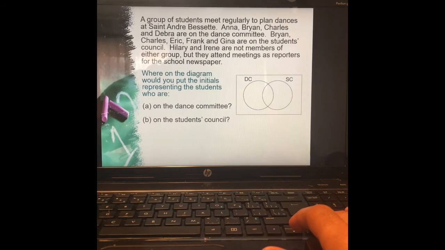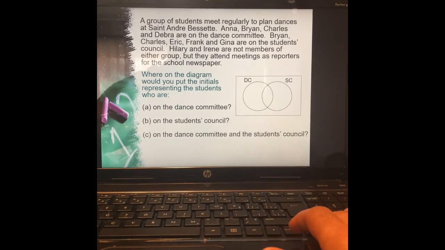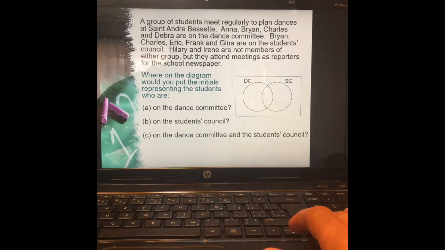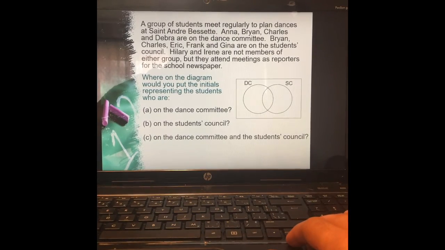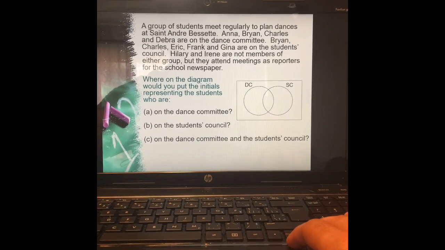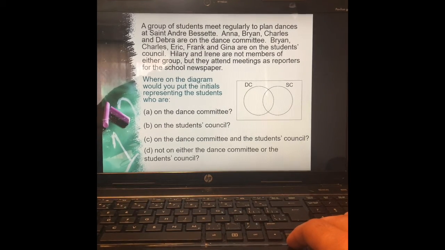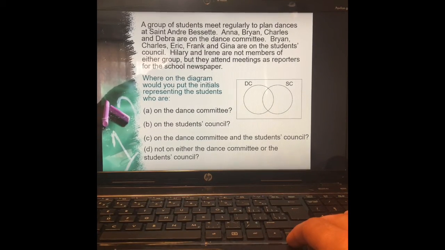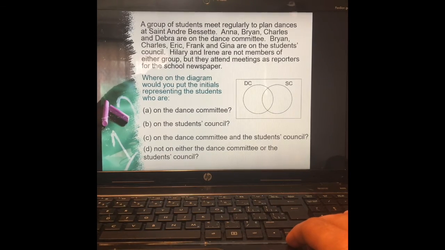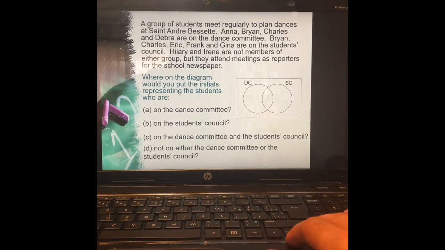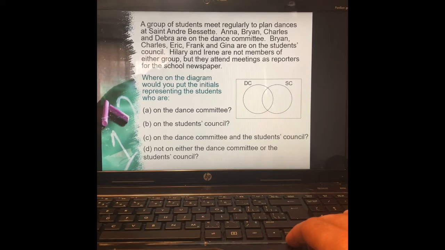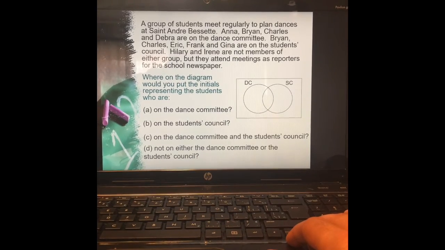Student council, the circle with SC. On both the dance committee and student council, the area in the middle that's overlapped. Not on either, somewhere in the rectangle but not within the circles. So Hillary and Irene go in the box, but not inside the circles.